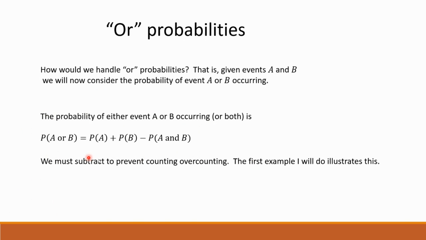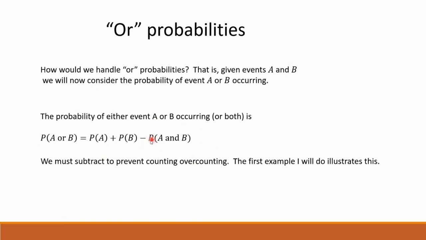Now we have the probability of A plus the probability of B, and we have to subtract the probability of A and B. Now, you might be thinking, wait a minute, why are we subtracting? Isn't the sum enough?